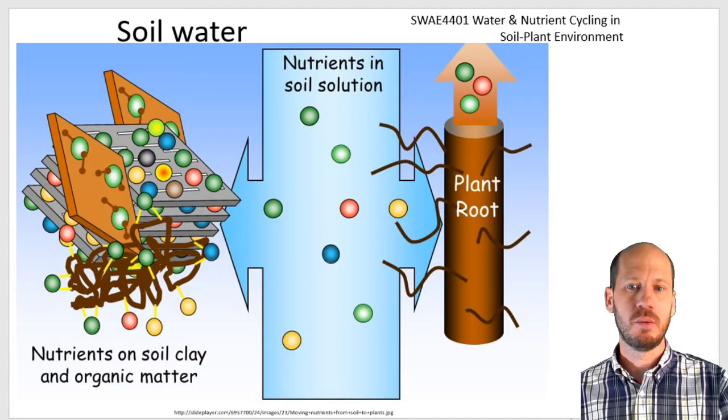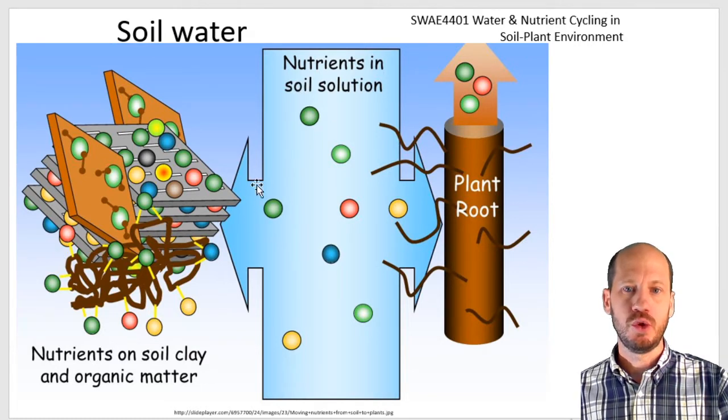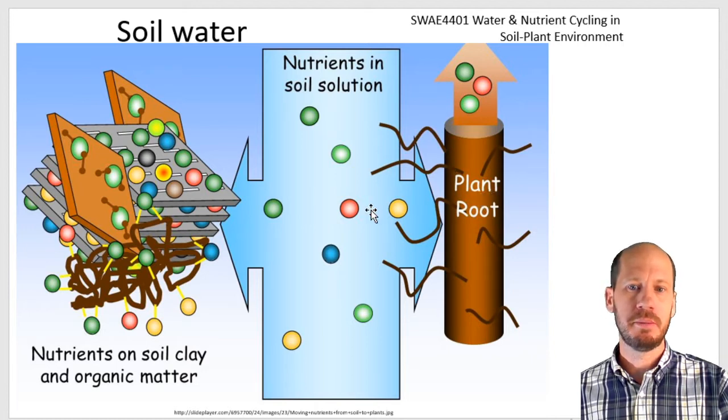But today we're going to move on from those concepts, and we're going to start talking about the interaction between the soil solid phase, the nutrients in soil solution, and their uptake by plant roots. The plants will only take up nutrients that are soluble ions present in the soil solution. But the soil solid phase acts as a storage of nutrients for plants.